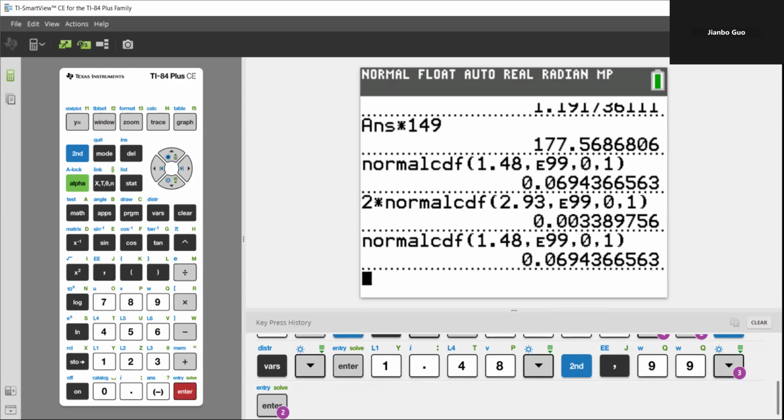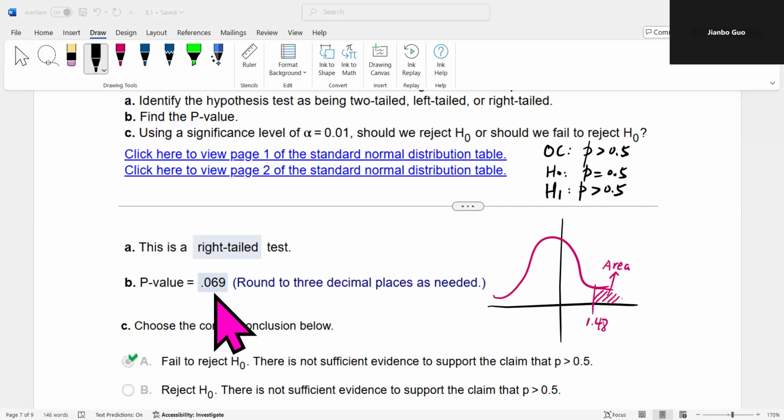Okay, I need to go back to the notes. That's the area of the region, approximately equal to 0.069. That's the p-value.